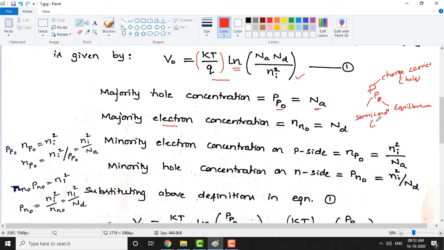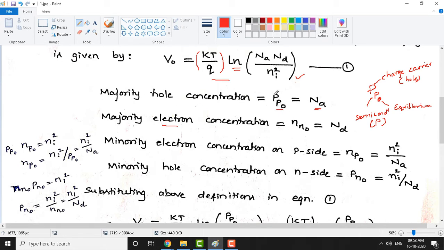In this case, it is going to be the P type of semiconductor. So now we can convey this as holes in the P semiconductor at equilibrium. This is what Pp naught indicates. If you do not mention the superscript O here, that means it is under forward or reverse bias condition. I hope you understand this.